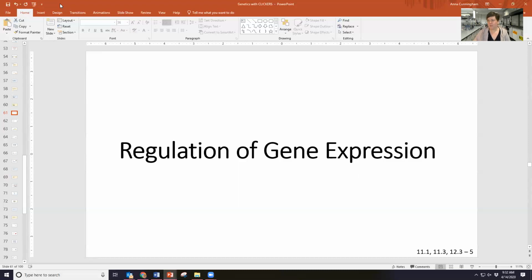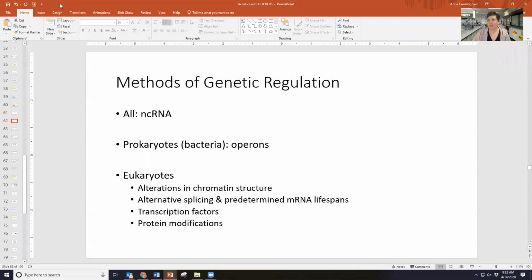Okay, so just for reference, these are the chapters covered in this. We're not going over the entirety of chapter 11 or 12, but just some select portions of it. So how are genes regulated?